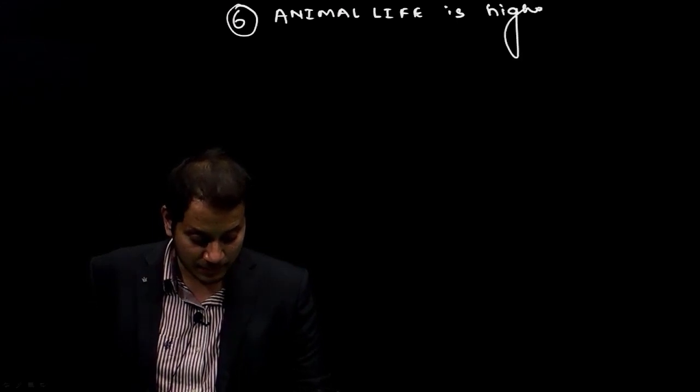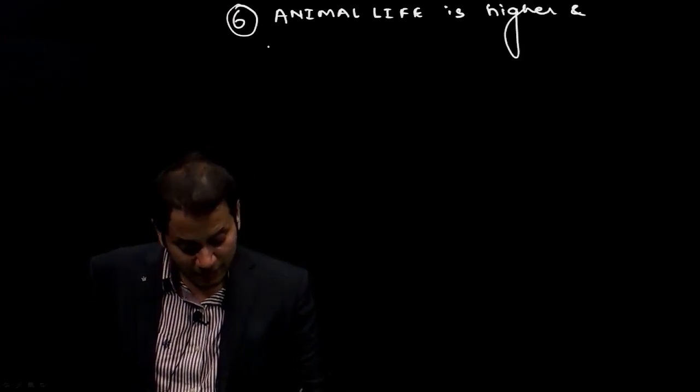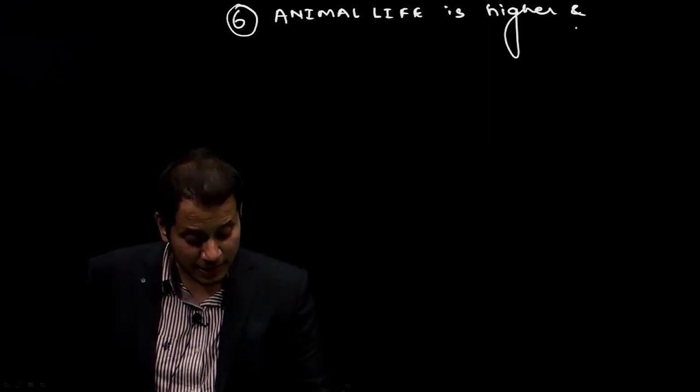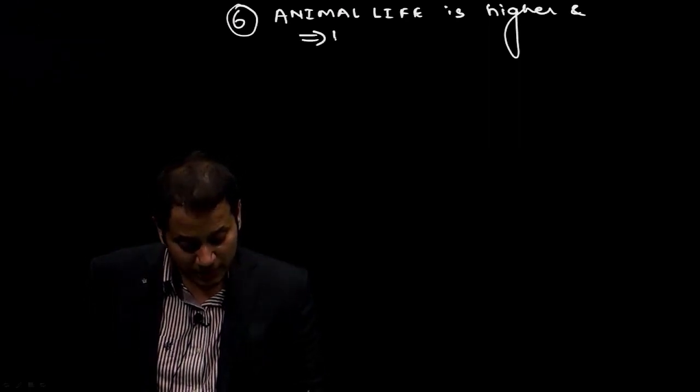The next point, actually the 6th point, is obviously the animal life. Where will animal life be higher? It is higher because the biodiversity is higher, and even the diversity of flora and fauna is higher in the Western Ghat region.